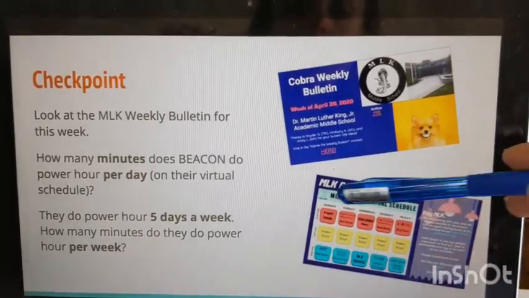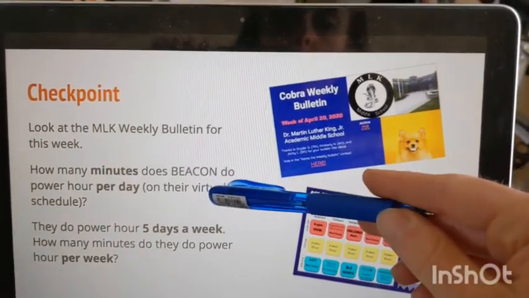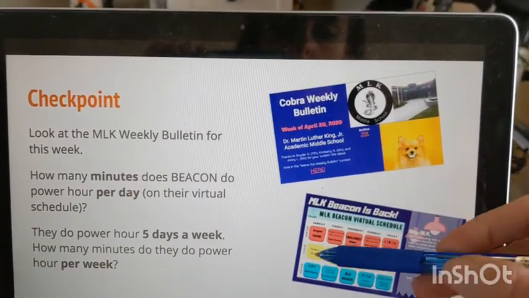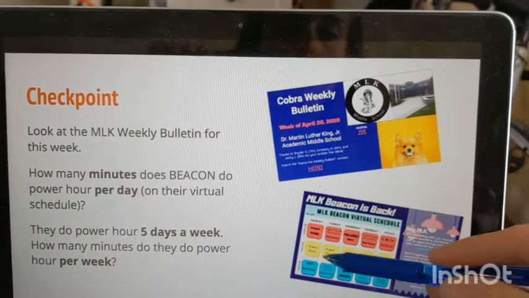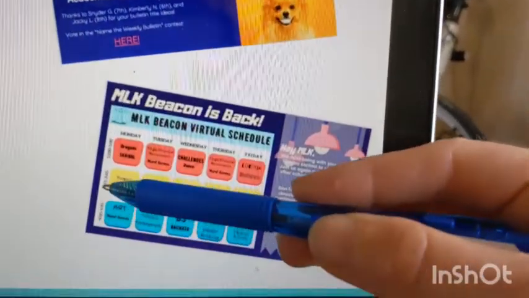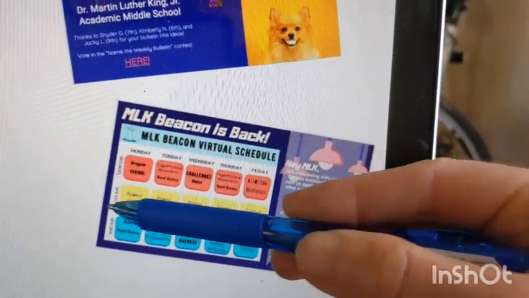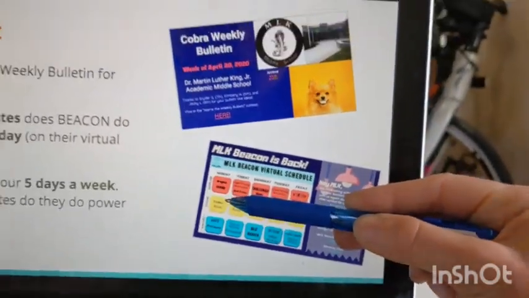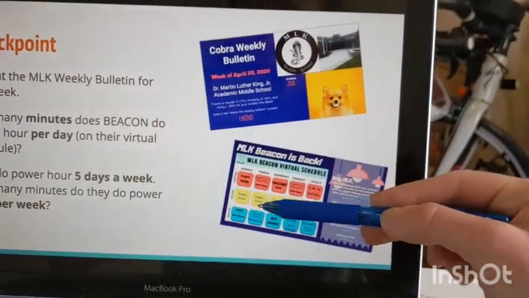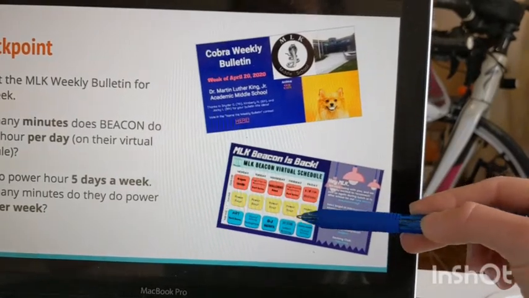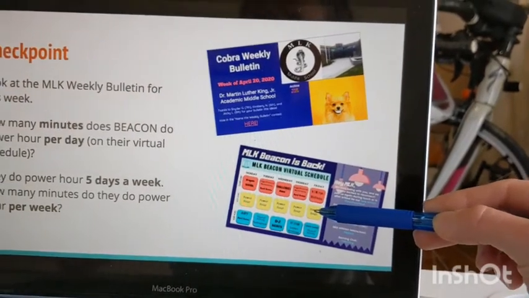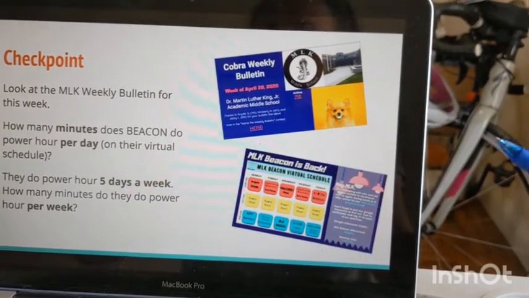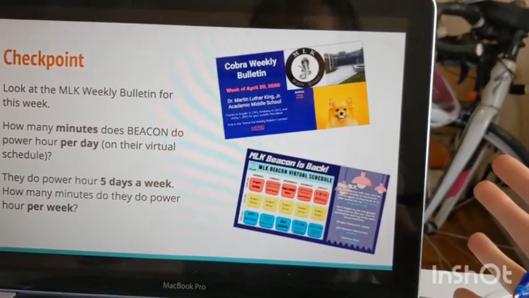Once you find this slide, the first step is that you're going to figure out how many minutes per day Beacon offers power hour. So each of these yellow sections are power hour times. So how many minutes do they offer per day? And then you can see that there's 5 days that they offer power hour. So the next step is you're figuring out how many minutes they offer power hour per week.